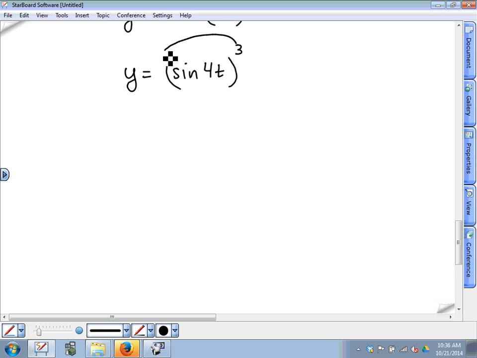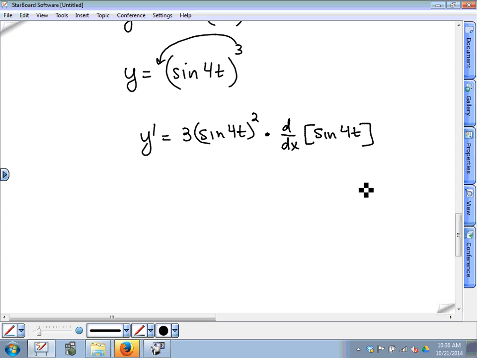So let's drop down the 3. So y prime is going to equal 3 times the sine of 4t squared, but now we've got to multiply this by the derivative of the sine of 4t. We have to do a chain rule on that.